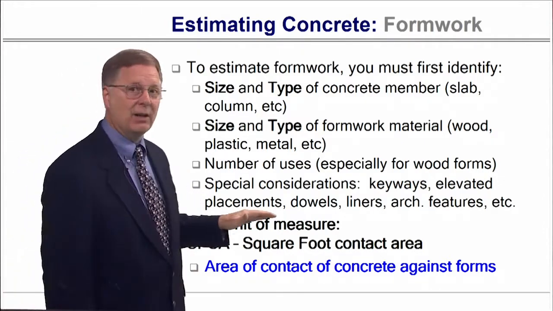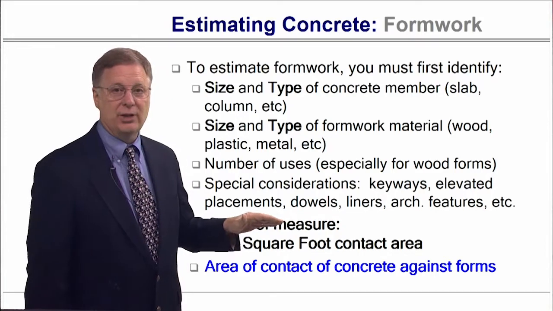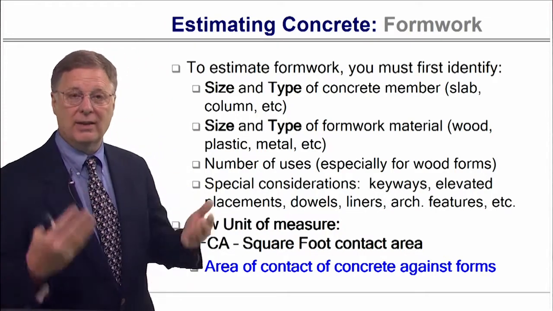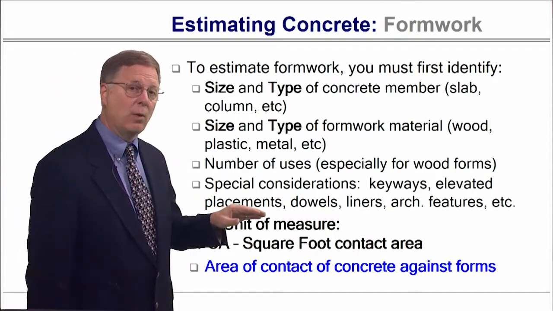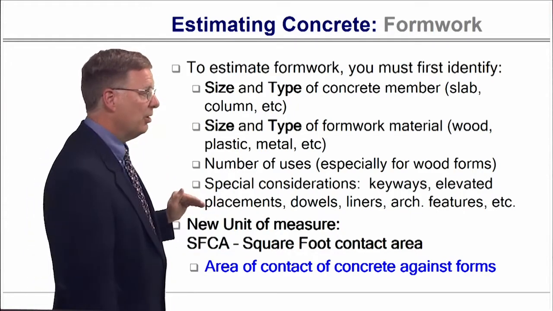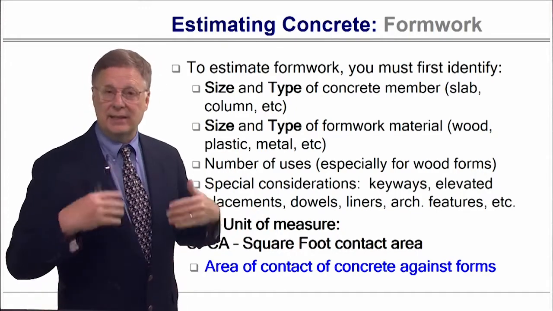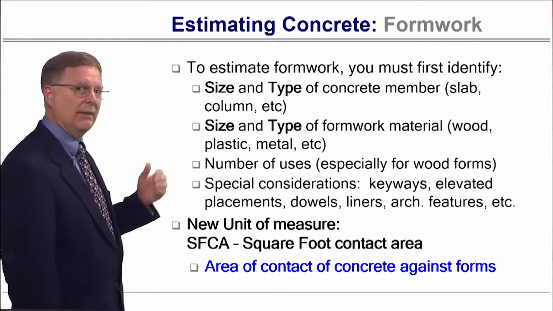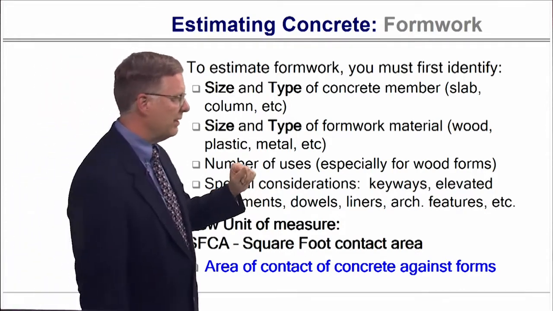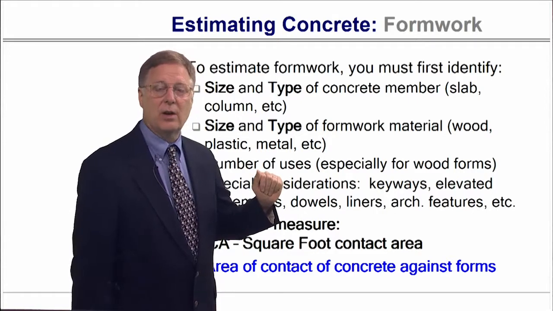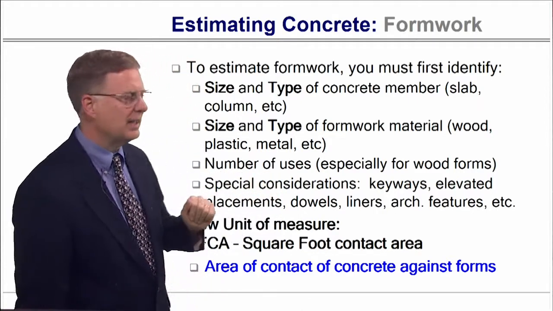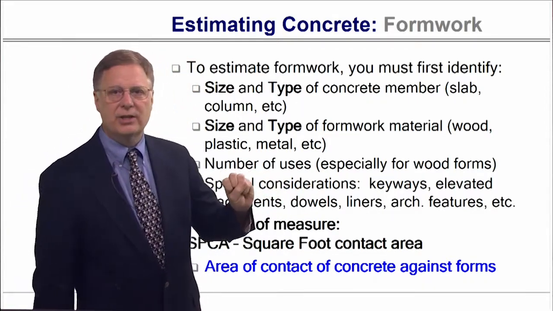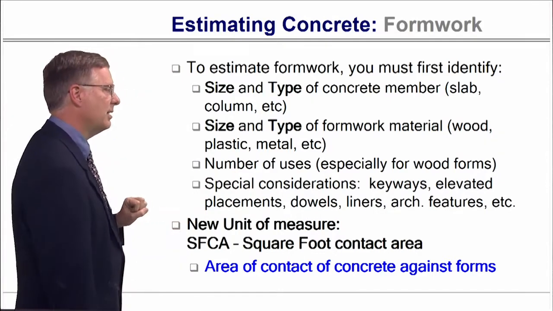If you're doing an elevated placement, which means you have to have a concrete pump and all that other kind of stuff, not just the formwork is going to be an issue, but also the pumping and the handling of that concrete up to that level. Dowels, liners, archways, or other architectural features and things like that are all going to be considerations that you need to consider in there.